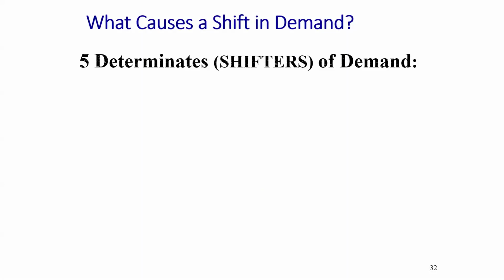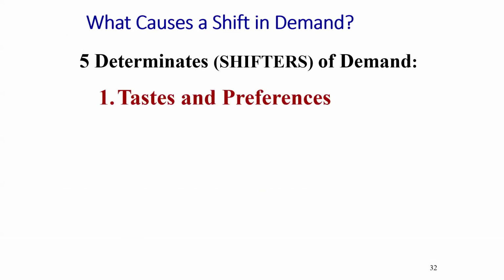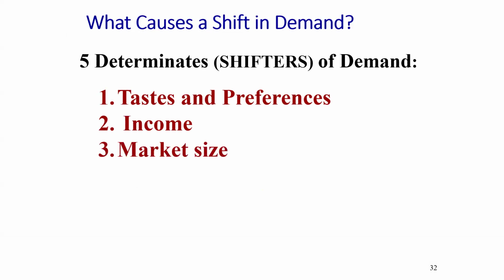All right, demand shifters. I hope we have these down. Taste and preference. And there were 11 supply and demand things. Income. Just be careful whether it's a normal good or not.